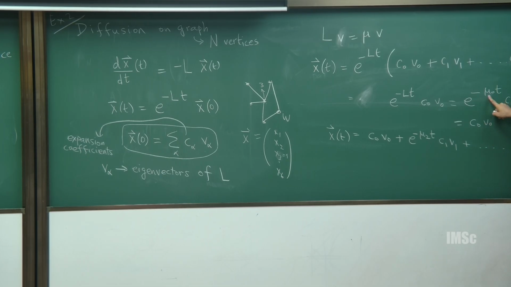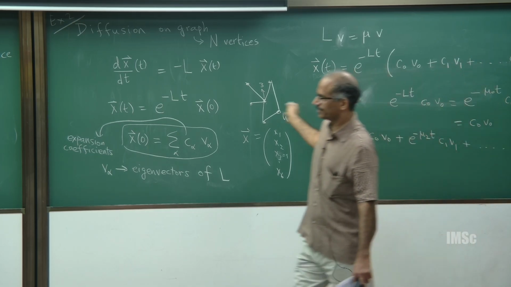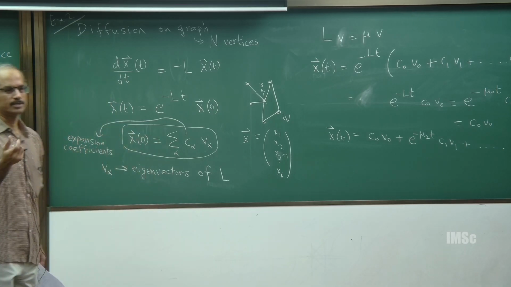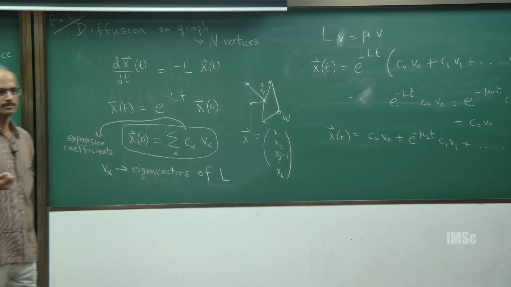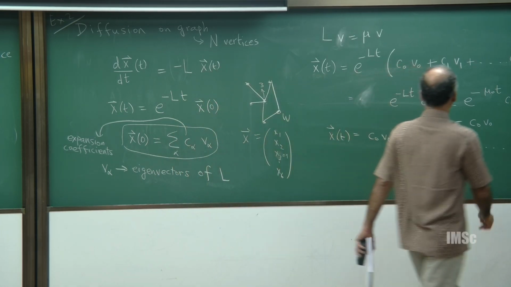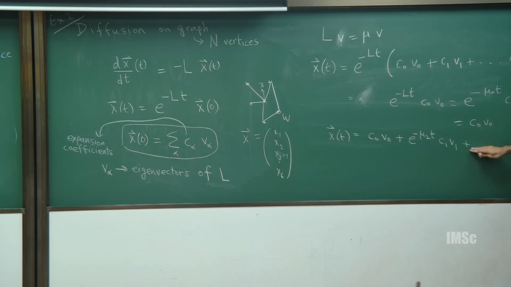So when you put mu 0 equal to 0, this simply becomes 1. I had erased that part, but when I described the Laplacian, I said that the smallest eigenvalue is 0. How did I get this one?